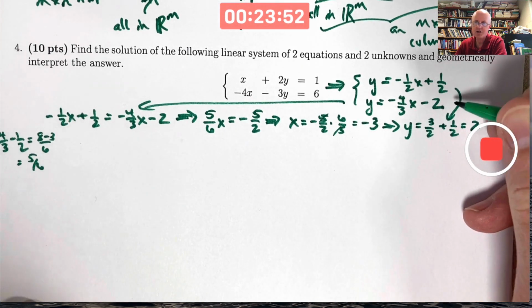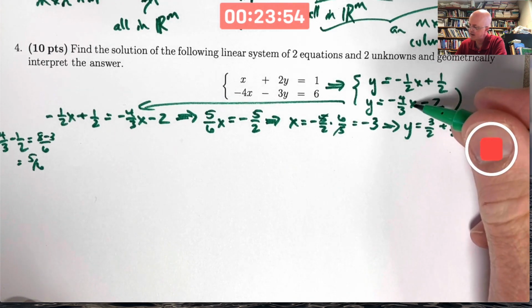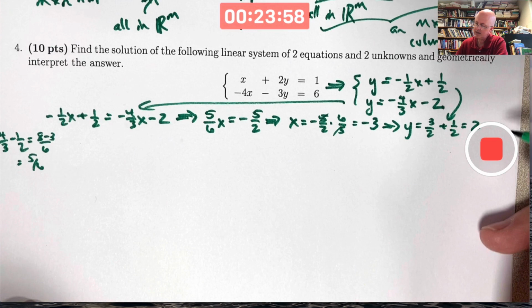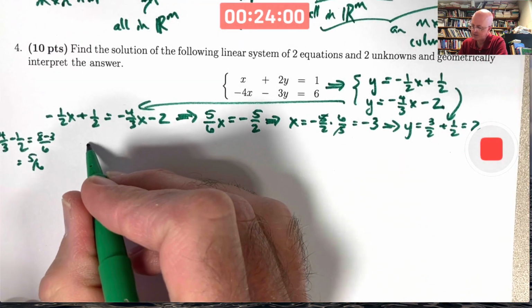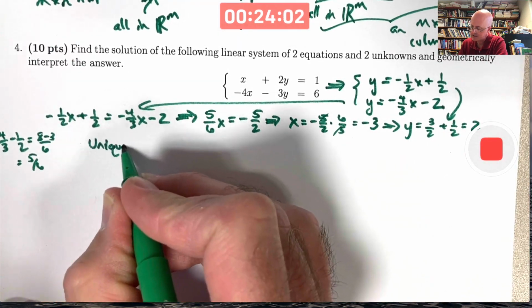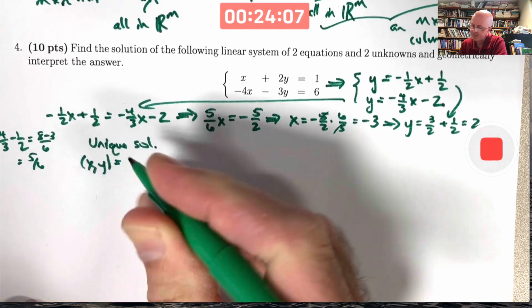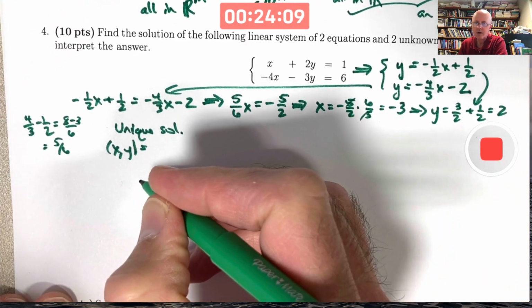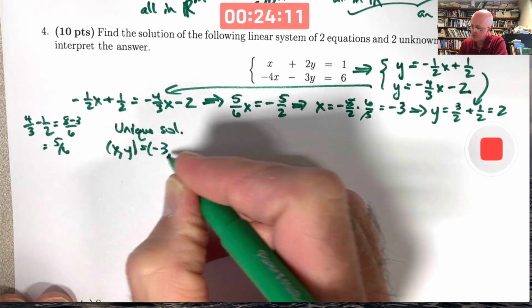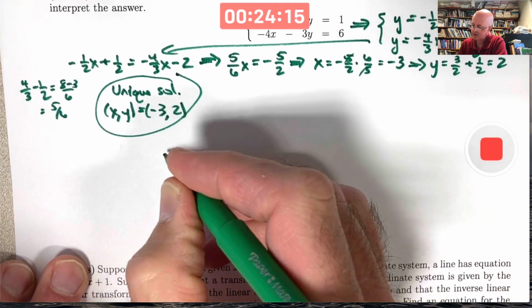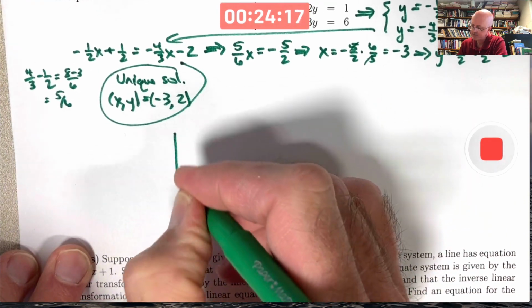If I had done it here, I should get the same answer. Negative 3 there times negative 4/3 is positive 4, minus 2 is also 2. So the solution, the unique solution, is the point x comma y equals, x was what? Negative 3, y is 2. That's the unique solution.